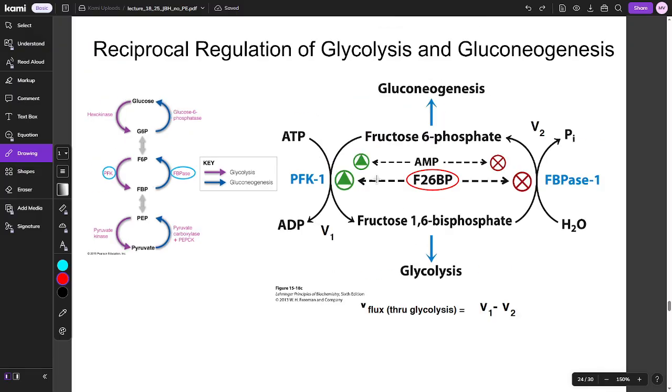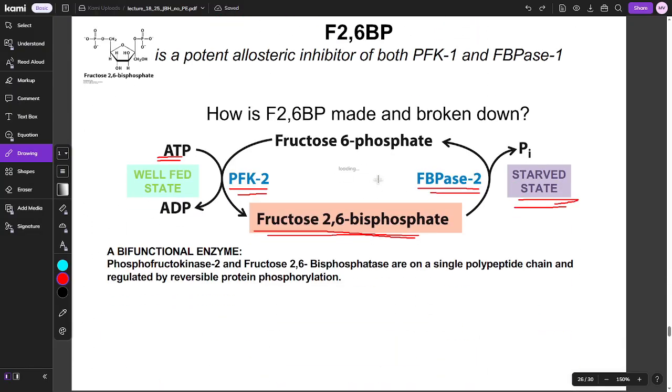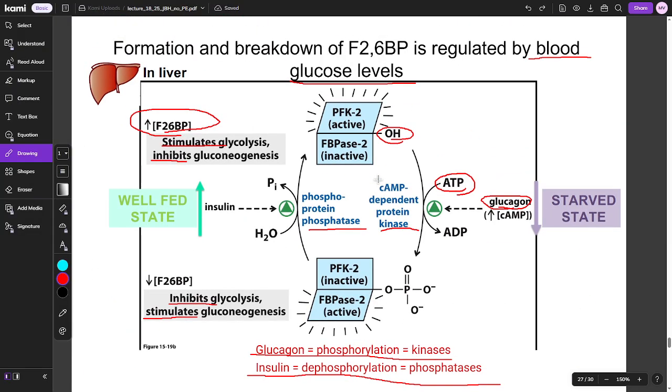They don't really mention it anywhere, and in this case they're specifically using liver. I would just say that it's okay to think of fructose 2,6-bisphosphate and that pathway being present in the muscles as well. That pathway is more prominent in the liver, but it does occur in the muscle cells as well.